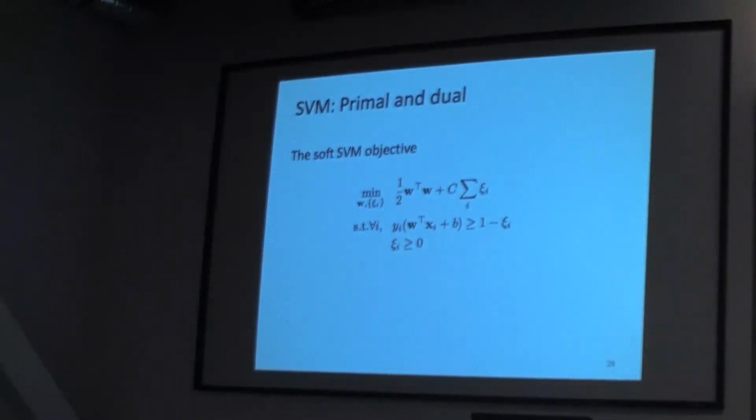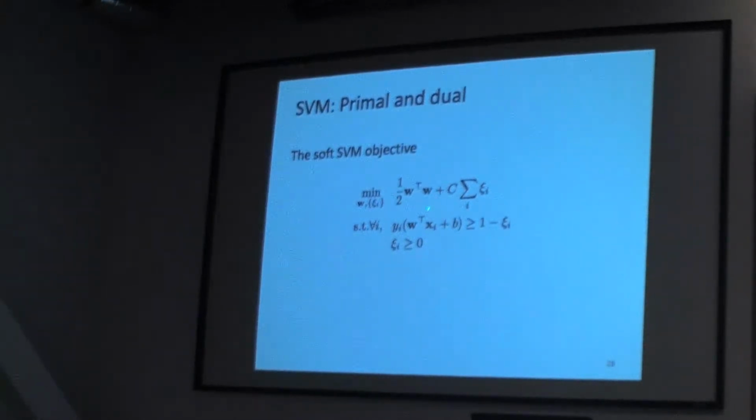Okay, so let us look at the primal form of soft SVM first. This is a typical constrained optimization, where our objective is the regularizer plus a summation over the slack variables. I mentioned that the summation of slack variables will encourage as few examples as possible to break into the margin.